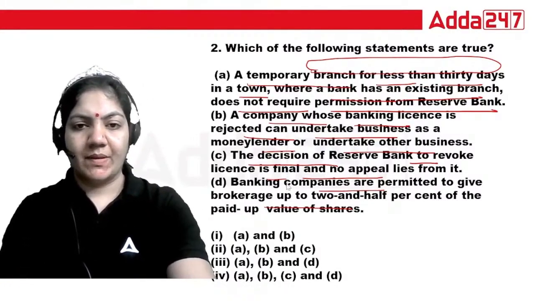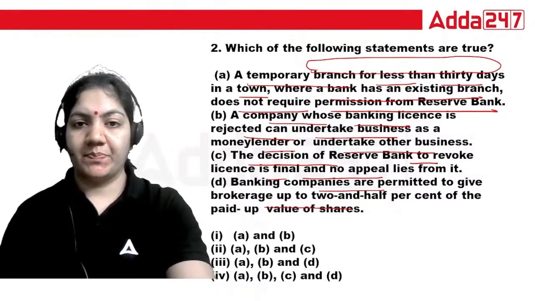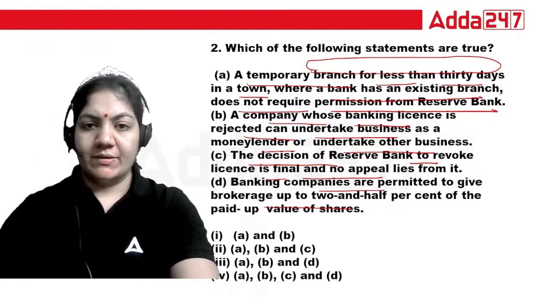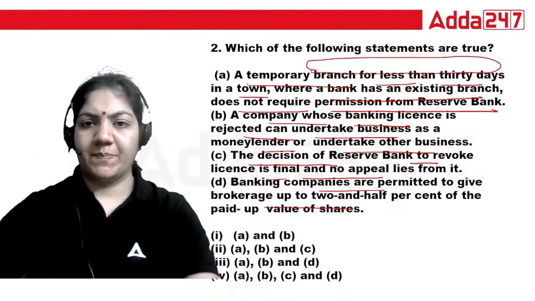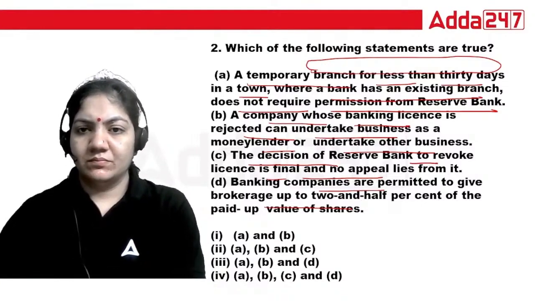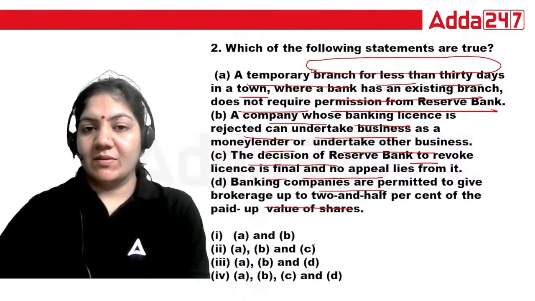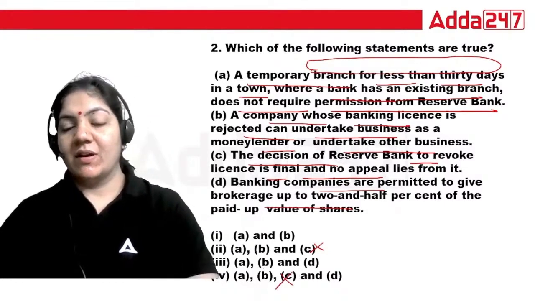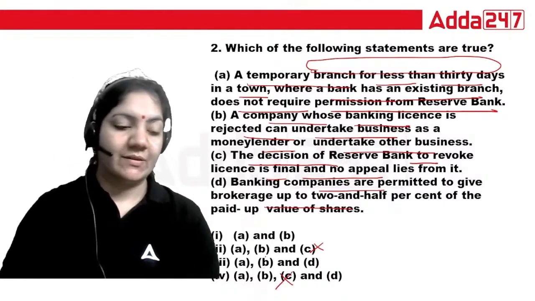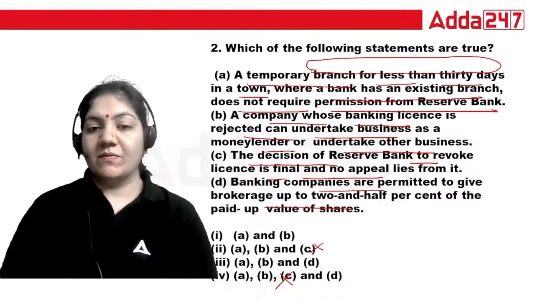Yes, class. Which of the following is the right answer for this question? In the second, C is wrong, class, because the decision of RBI to revoke is not final. So the answer should be from the first and third.